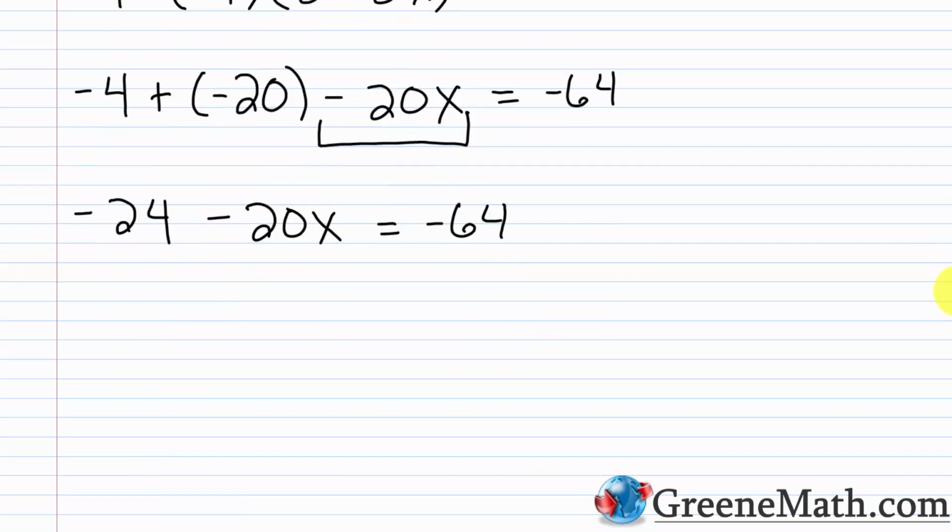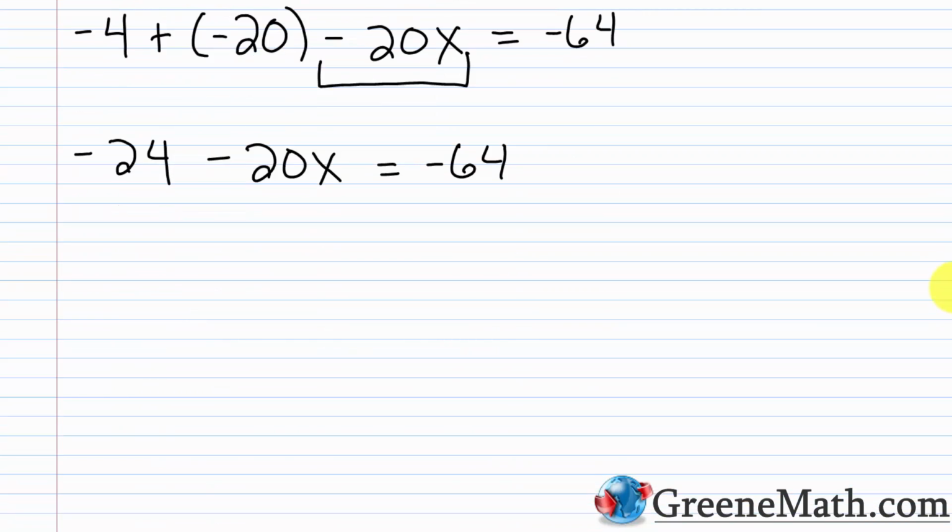Okay, so now I'm at the stage where I want to isolate the term that includes the variable. So that term is this right here, this -20x, however you want to think about that. So how do I isolate that? Well, we already know that we use the addition property of equality.